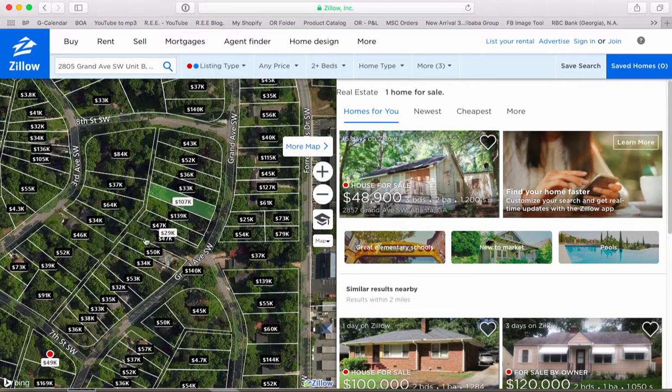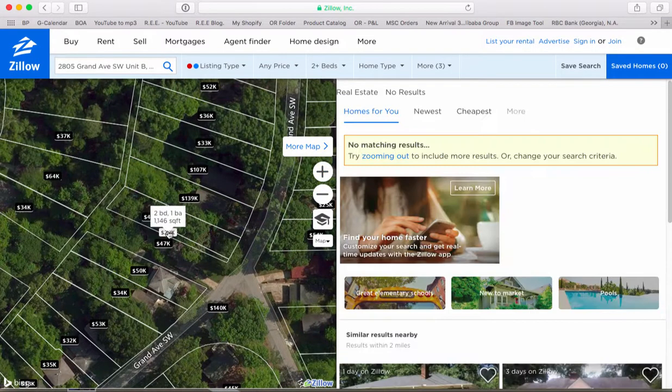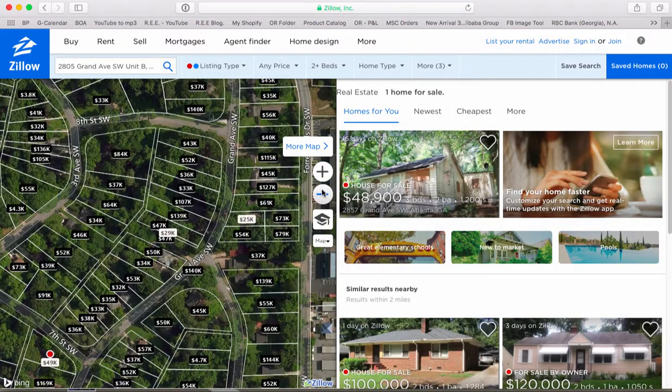So if we zoom right here, it was just here a second ago. I think this is it. Oh well, Zillow has it for 29K, but we just saw that it sold for 15K, so that's okay. That was a previous listing. They don't have the most up to date because it just happened today.